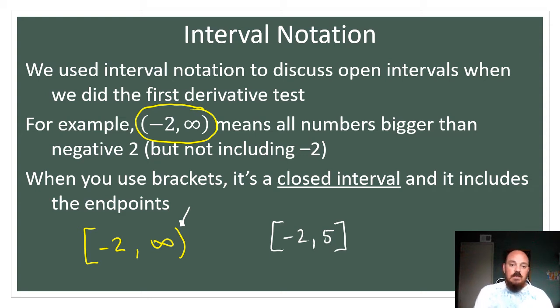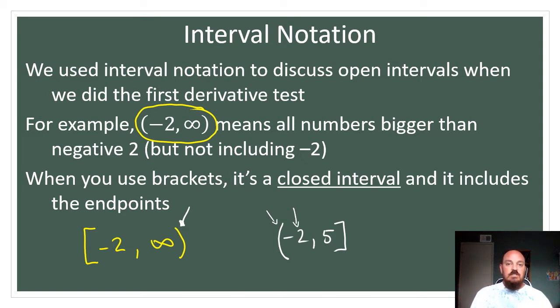Or I could do something like this. I could say, let's not include the -2, but do include the 5. So you don't have to have both parentheses or both brackets. You can have one of each. And just remember, other than infinity, which always gets a parenthesis, the number itself, whichever it's connected to, tells you what to do with it.